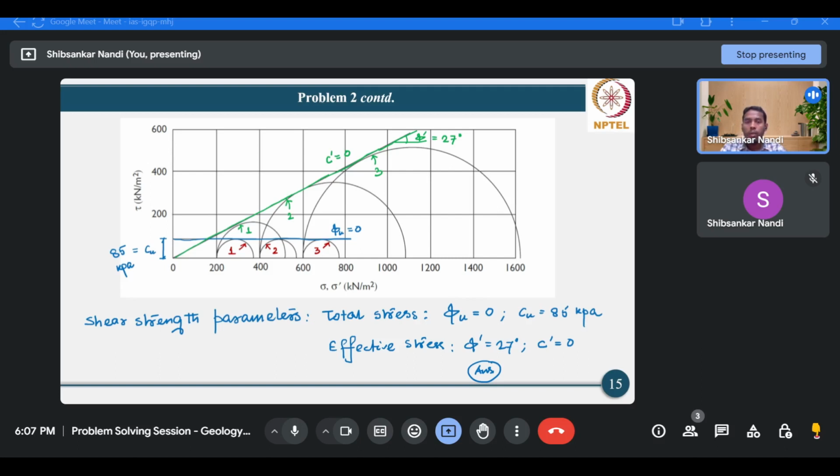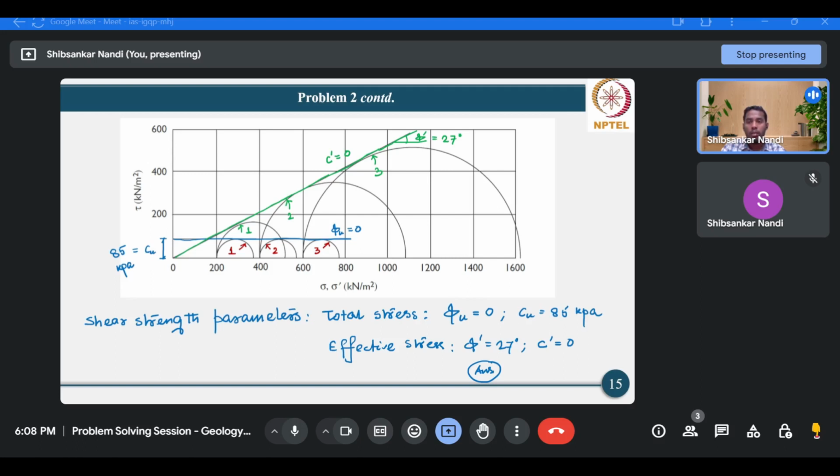In this way, you can determine the shear strength parameters of a given soil sample in terms of total and effective stress by following the graphical approach. You just have to draw the Mohr circles and then draw a common tangent to all these Mohr circles. Before that, to draw the Mohr circle, you need to know two stresses, the major and minor principal stresses.